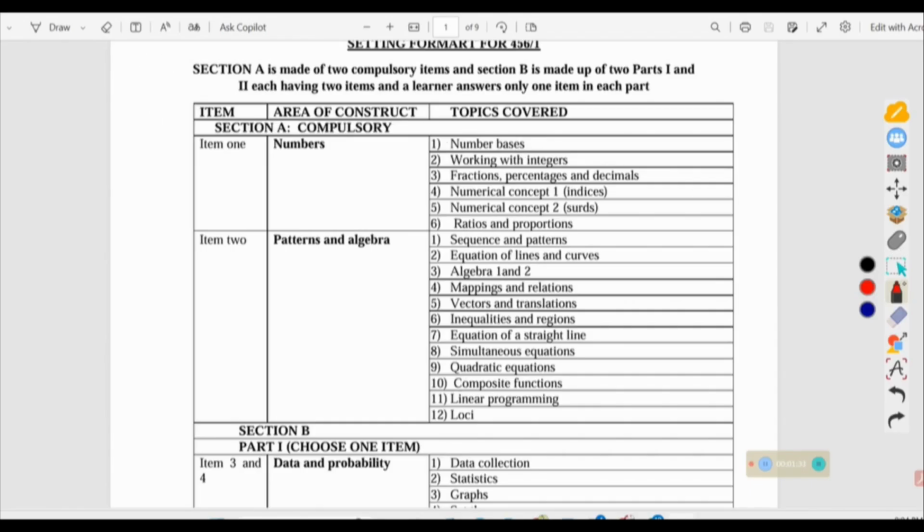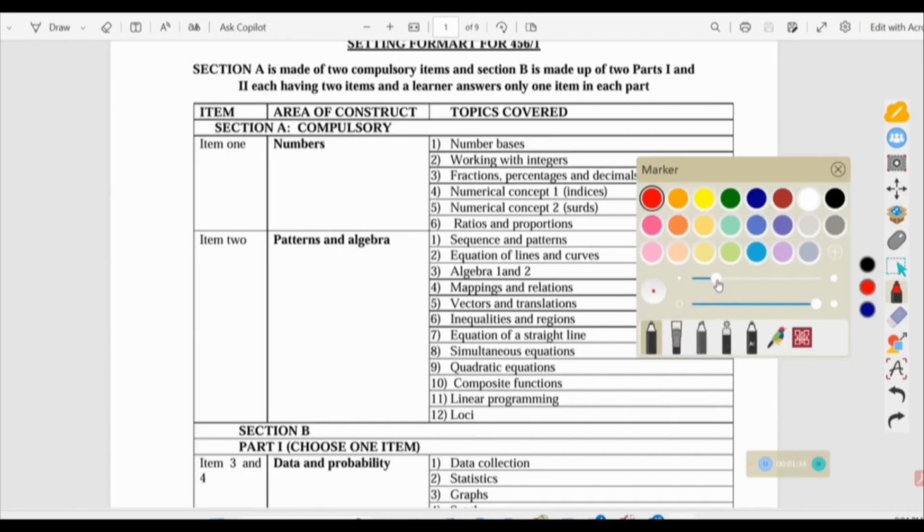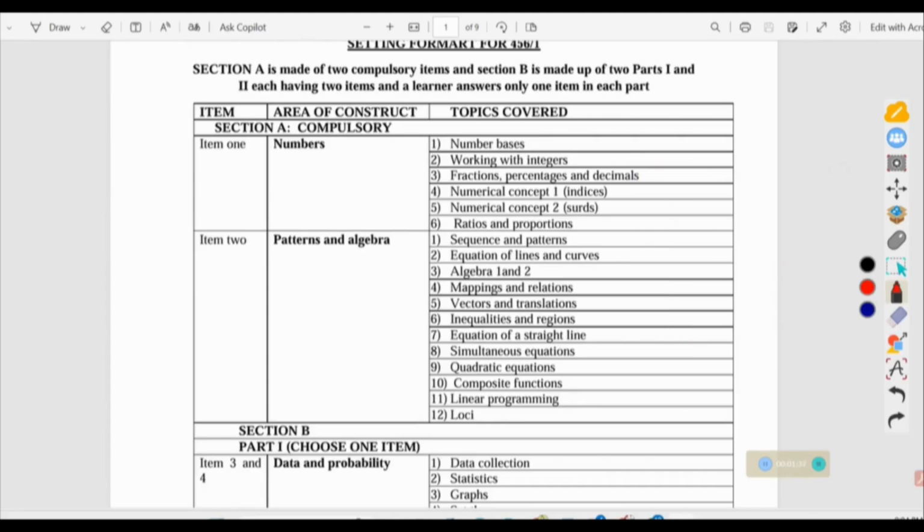So we have two items in section A that you are supposed to answer and two items in section B. So in total, you are supposed to answer 4 items. That is 2 items in A and 2 items in section B. But as we said, you will answer only one item in the first part and one item in the second part. So this is part 1 and this is part 2.